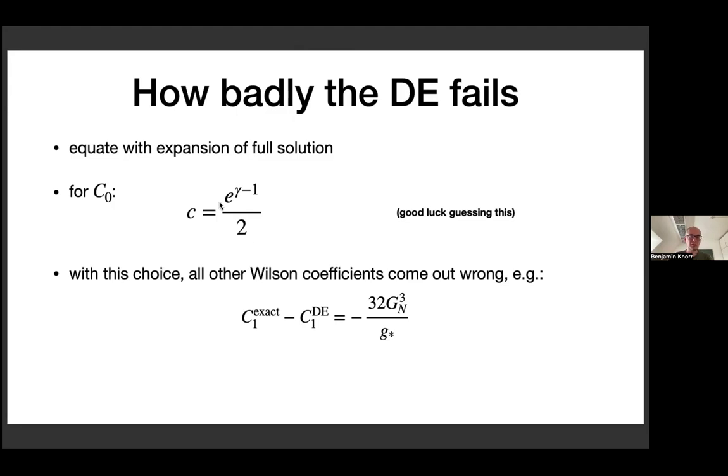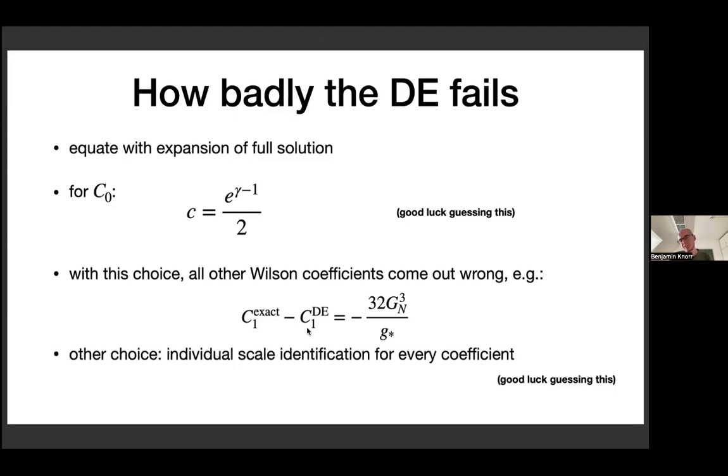Here I used the identification that fits the value of C2 of the derivative expansion and the full solution. I used this scale identification for C1, and I get a difference for the exact value versus the derivative expansion. And this happens for all higher order couplings as well. So you get a quantitative error here.